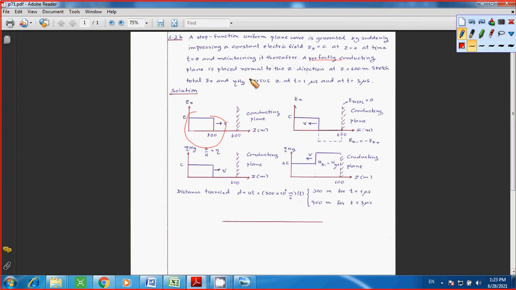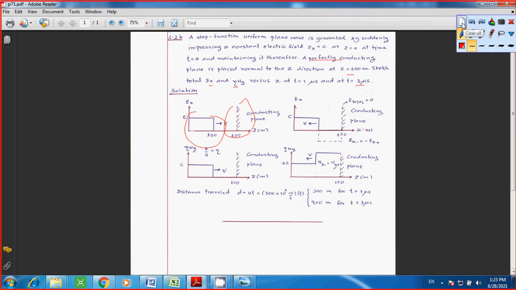A perfectly conducting plane is placed normal to the Z direction at Z equal to 600 meters. Plot the total EX and eta HY versus Z at t equal to 1 microsecond and at t equal to 3 microseconds.